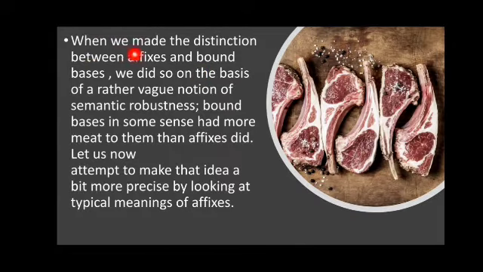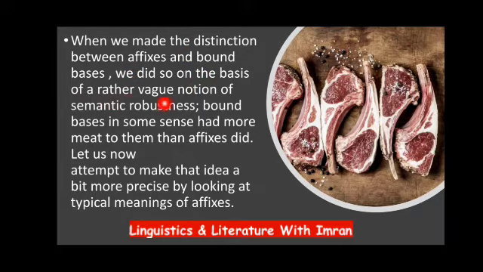When we made the distinction between affixes and bound bases, we did so on the basis of a rather vague notion of semantic robustness. In one of our previous lectures, we differentiated affixes from bound bases. Bound bases are morphemes that cannot stand alone as a word.